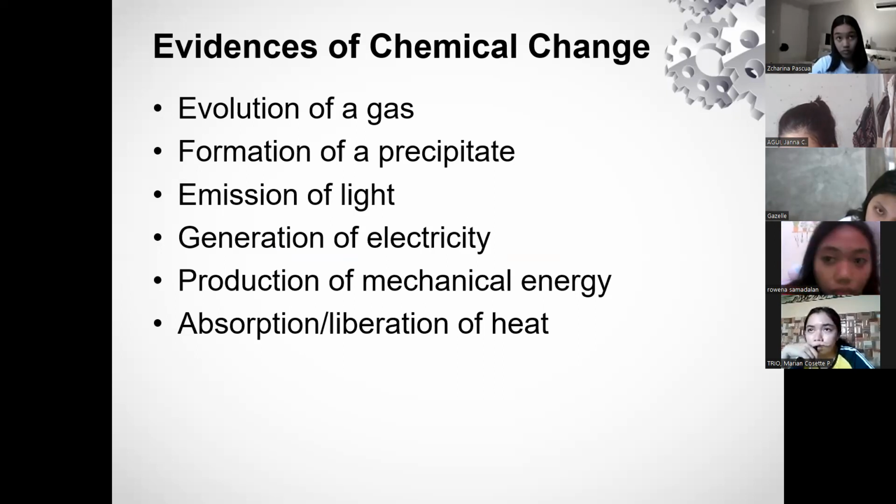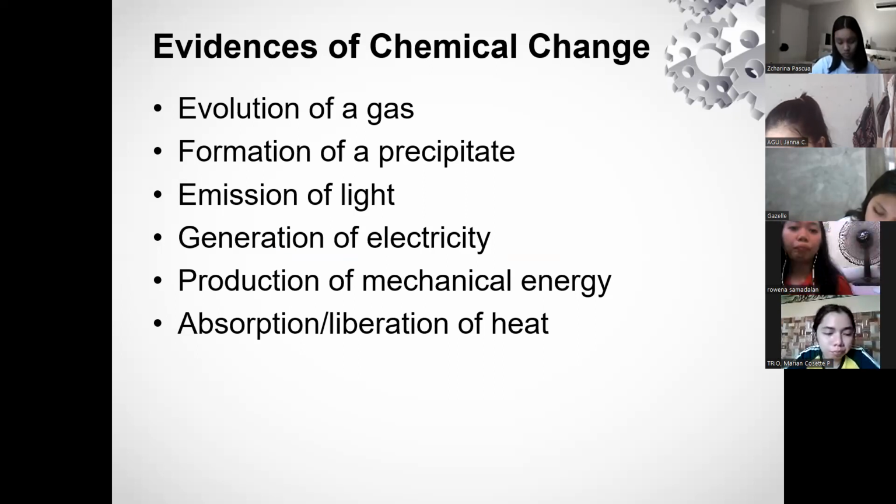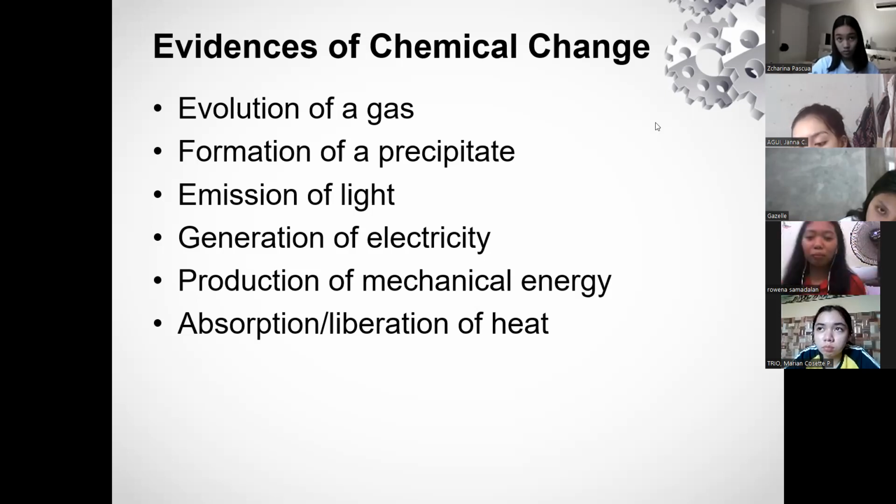We have a lot of experiments in the laboratory wherein if we mix one chemical to another chemical, there is liberation of heat. It gets hot, though the substance was not originally hot, but when you mix them, the temperature becomes hot. So that is again evidence of a chemical change.